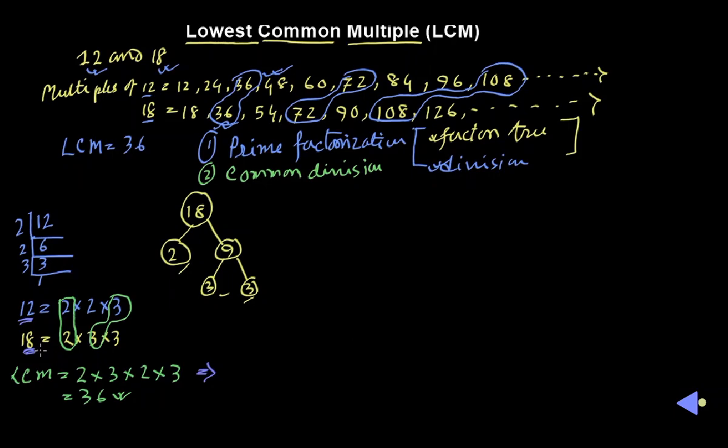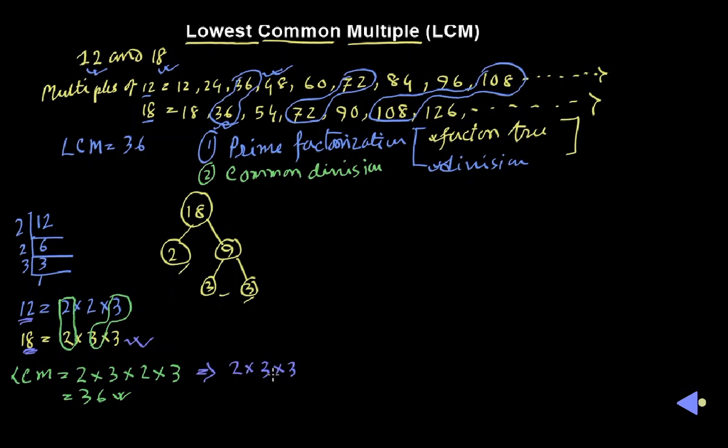So we can write the prime factors of the highest number, 2 times 3 times 3, and if something else is remaining in the lowest number, then we have to write it down here. You see, 2 is there, 3 is also there, only 2 is not present in case of 12.